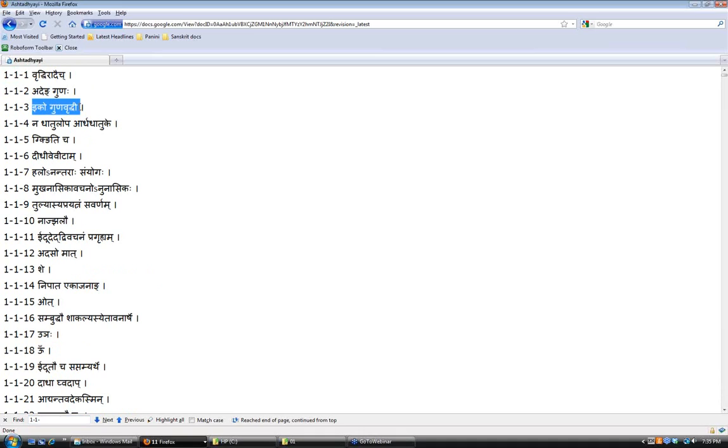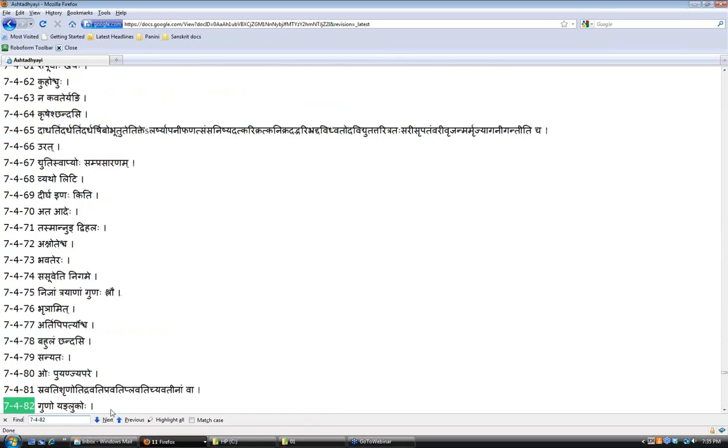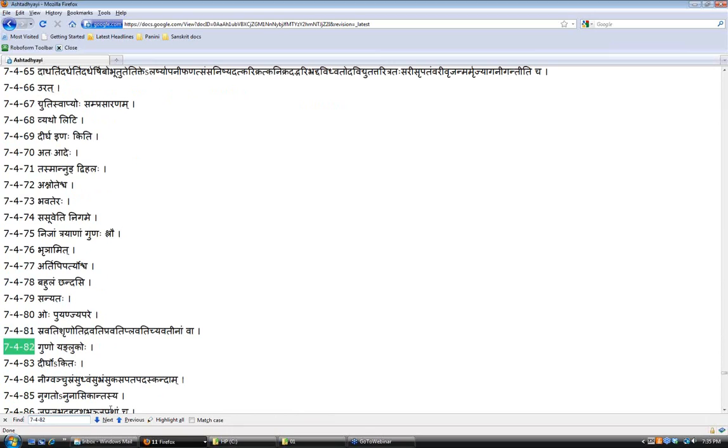We can use that now because in this sutram, Guno Yang Luko, it doesn't say which letter should take guna, so it should be only an ik. Let's look at these.